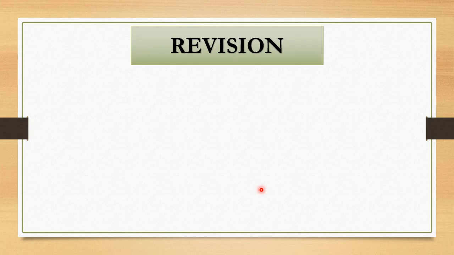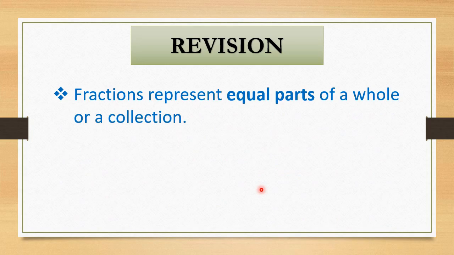First, let's do a quick revision of our previous session. In the previous session, we completed what is a fraction. A fraction represents equal parts of a whole or a collection. Then we saw fraction notation.